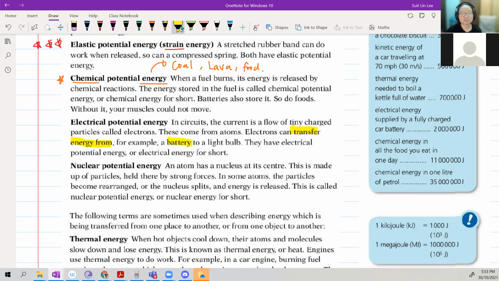So you're going to transfer from battery to light bulb. Okay, so we call it electrical energy or electrical potential energy. But for this chapter, it's not that important. I'm going to give it 1 star because later we will study circuits properly. So later in circuits, in year 11. But just know, got this energy.